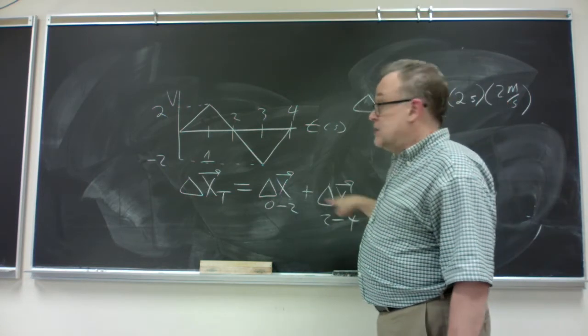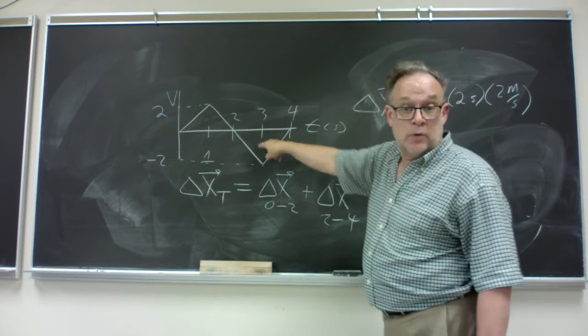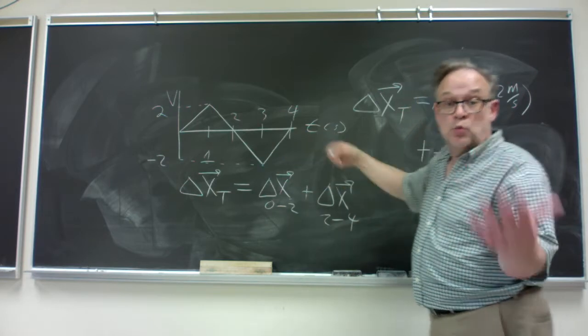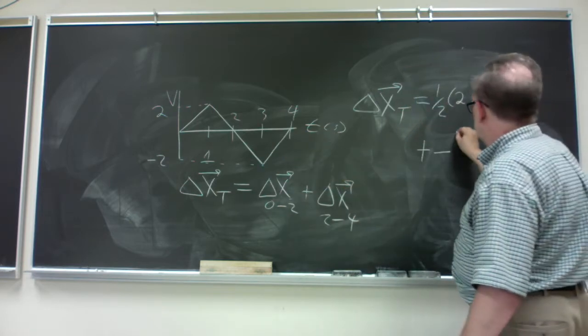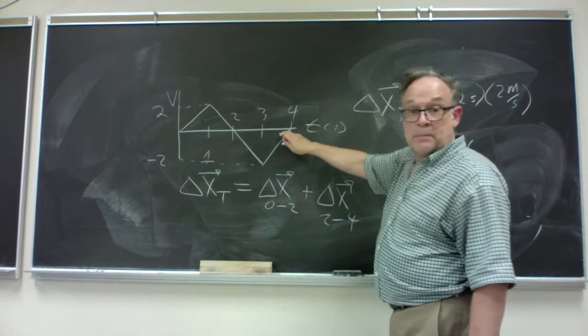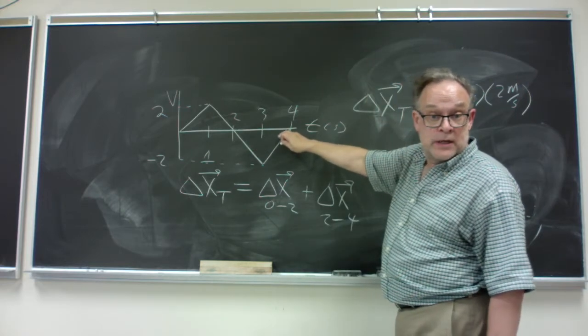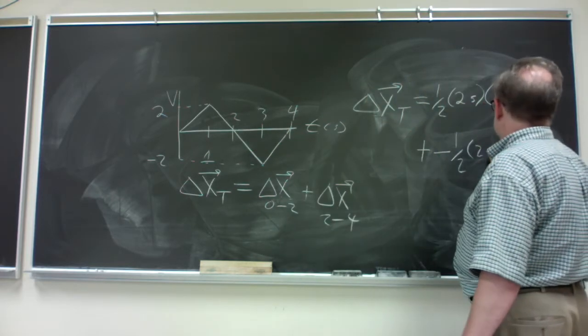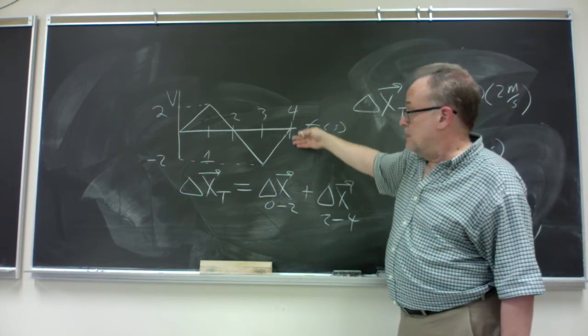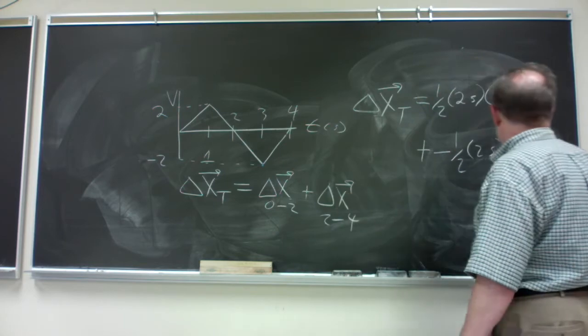This displacement is equal to -1 times this area. So -1 times that triangular area is 1/2 base height again, 1/2. And the base is again 2 seconds. And the height is again 2 meters per second.